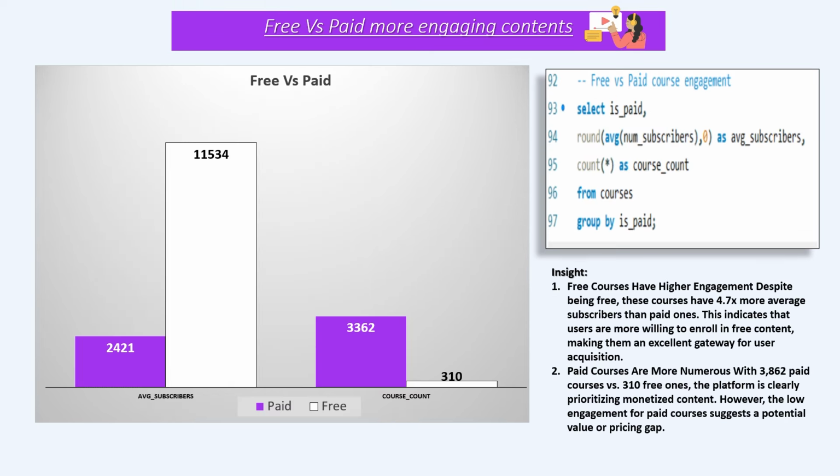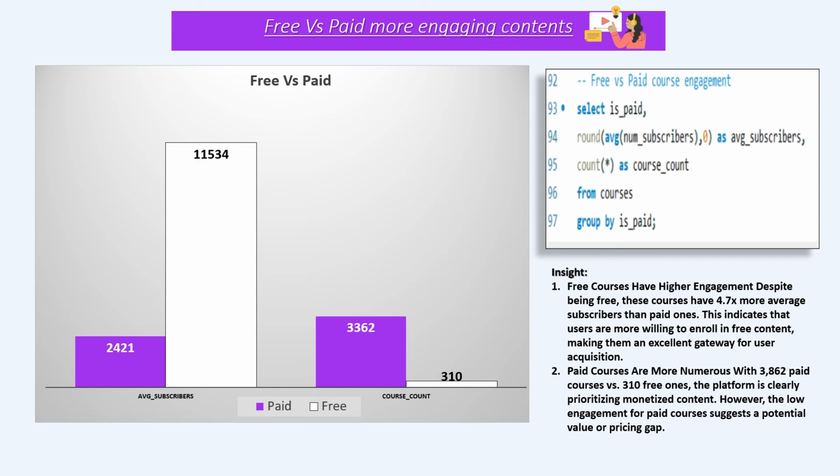Now we will go to this slide, which is showing free versus paid, which is more engaging content. While paid courses dominate the platform in volume, free courses have about 4.7x more subscribers on average. That makes them excellent for user acquisition, even if they don't directly generate any revenue.